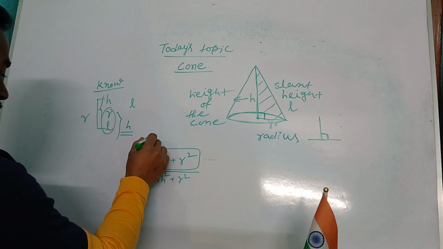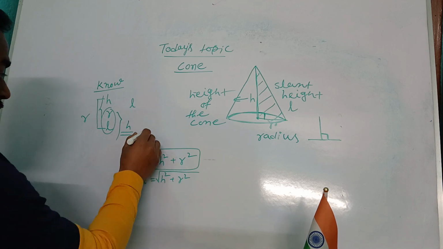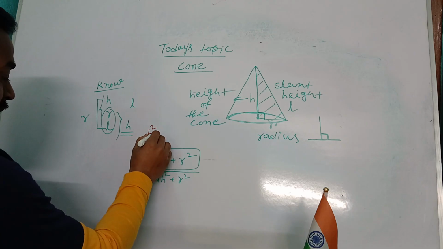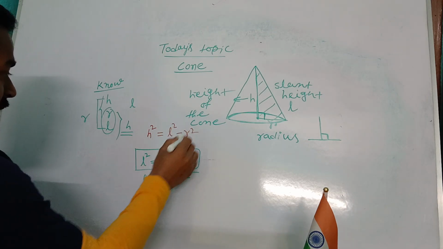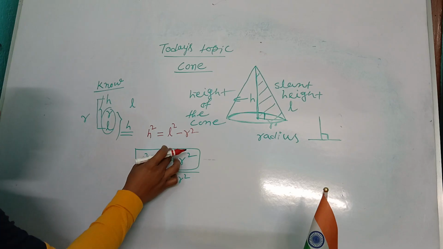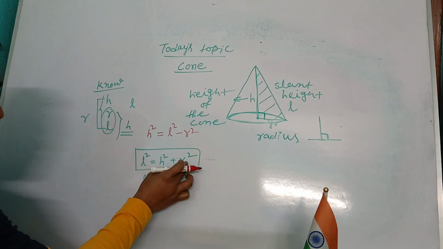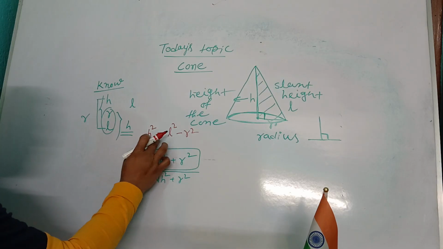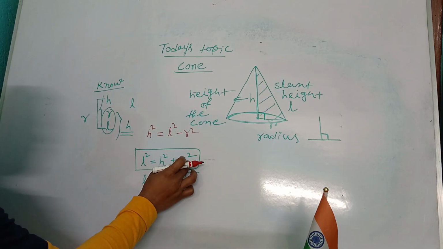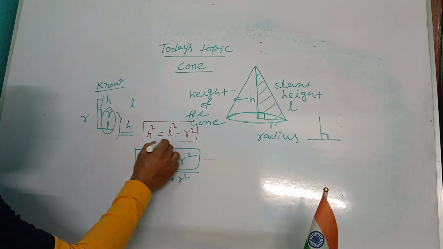H square is equal to L square minus R square. H square stays as it is, and we are shifting R square to this side, so plus R square will definitely become minus R square. So H square is equal to L square minus R square.